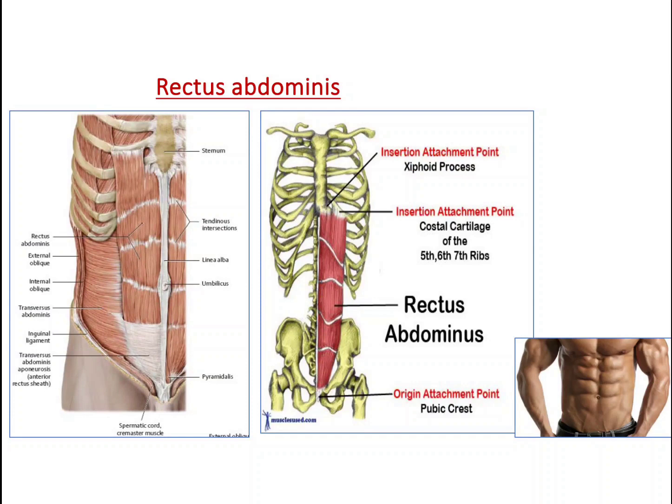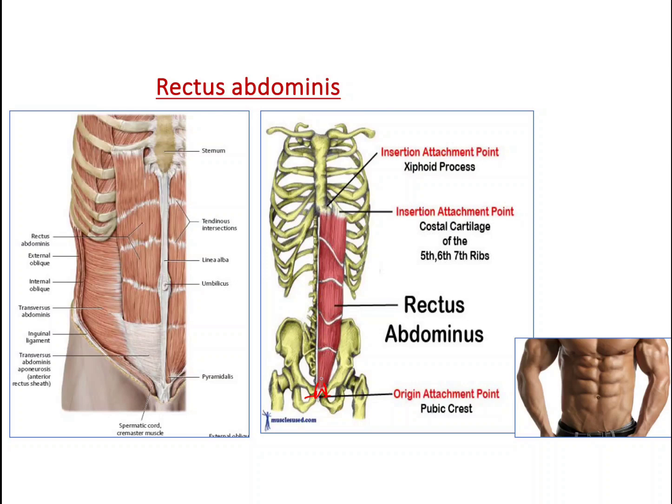And the next muscle is the rectus abdominis. Rectus abdominis is a vertically running muscle. It has two heads of origin, a medial head and a lateral head. The medial head arises in front of the pubic symphysis, and the lateral head arises from the lateral part of the pubic crest.